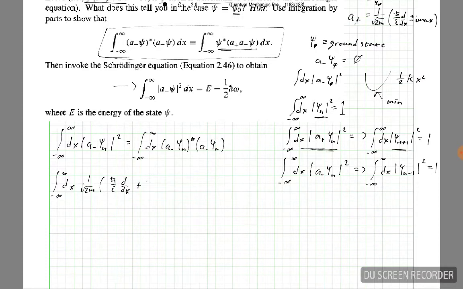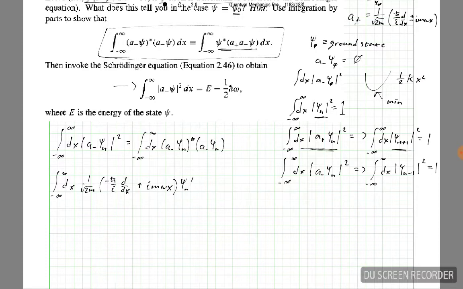So this is going to be, getting ahead of myself, this is our lowering operator, but I want it to be the complex conjugate. So I'm going to change the signs of the imaginary parts. That means changing the sign of both.